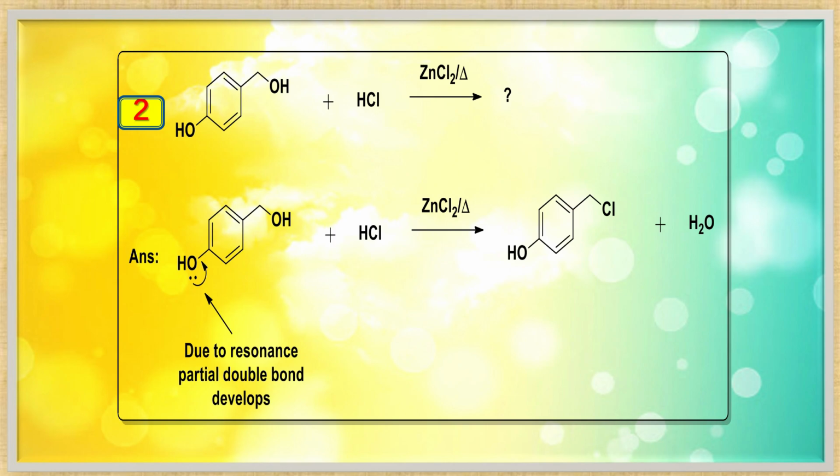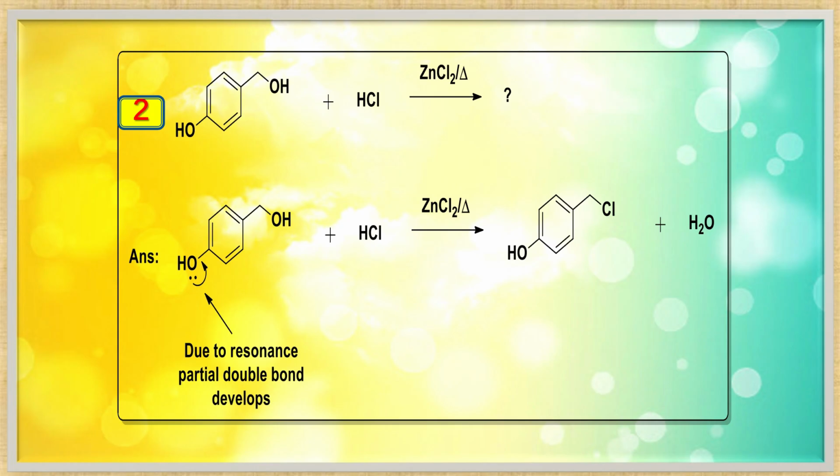Next question, question number 2. You see that there is an alcohol with a benzene ring system, and 2 OH groups are there. One OH group is outside the ring, one is attached to the ring. So, when you use ZnCl2 and HCl, the OH group which is outside the ring system, that is the CH2OH group, that OH group will be removed and Cl will attach.